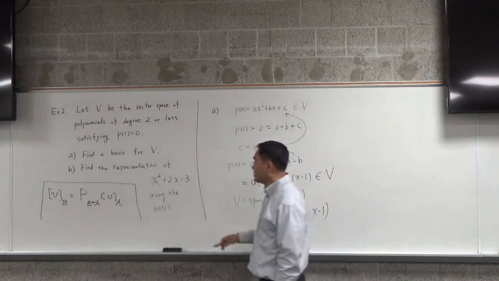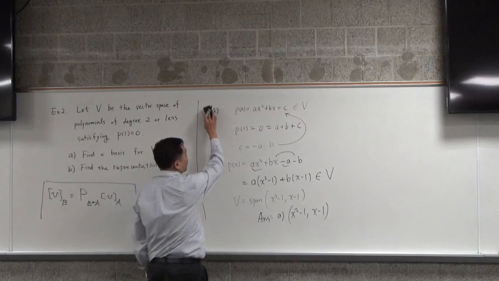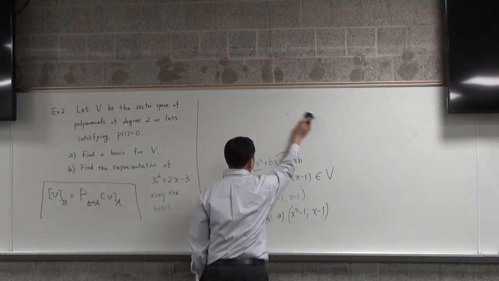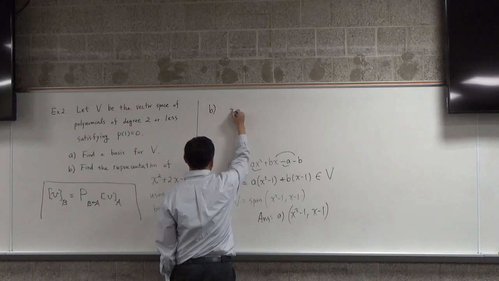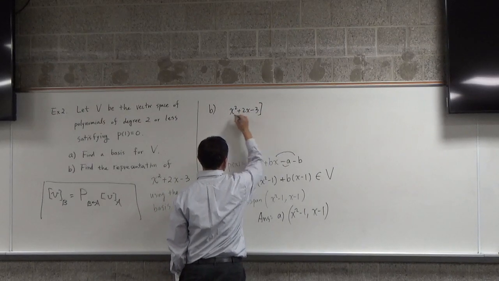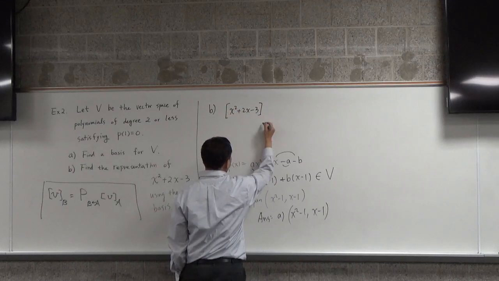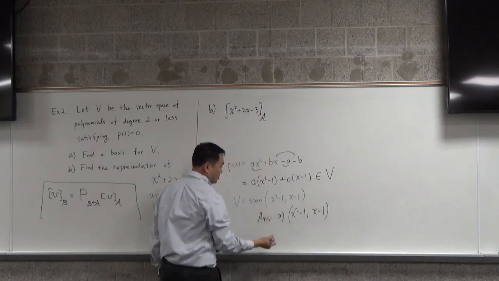Okay, but then how would you represent this? Part B is saying, what is the matrix representation of x squared plus 2x minus 3 under this basis, let's call it A?